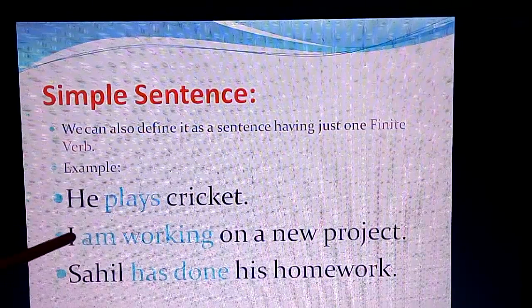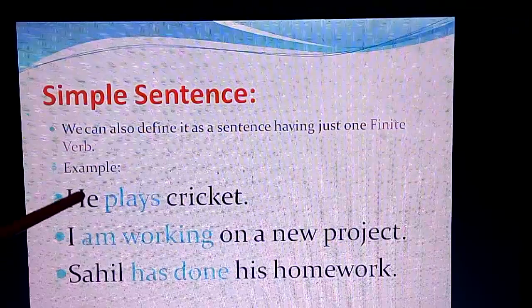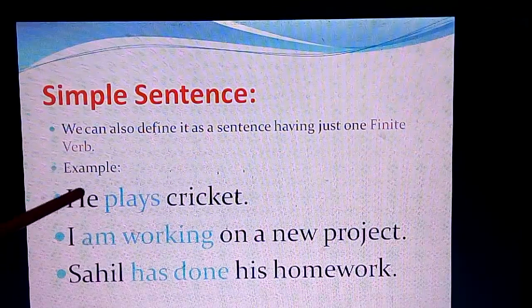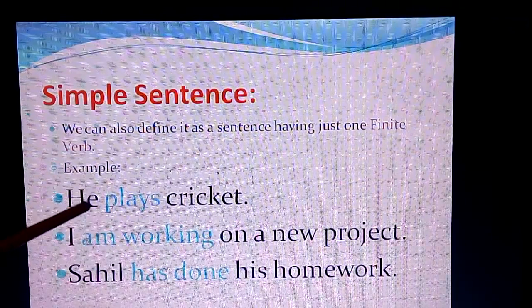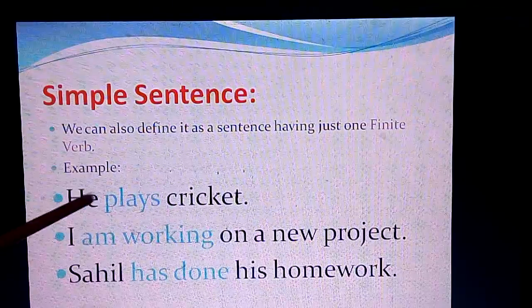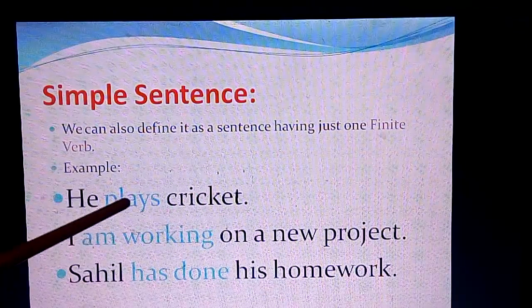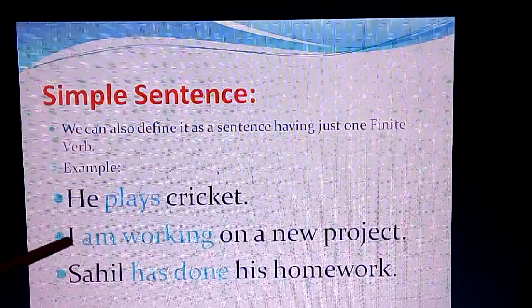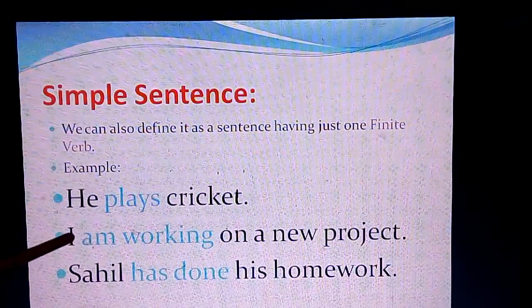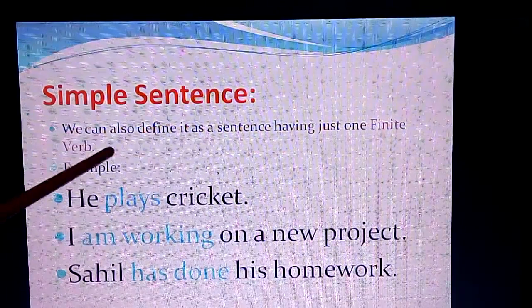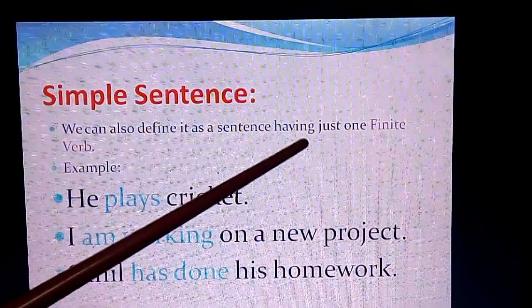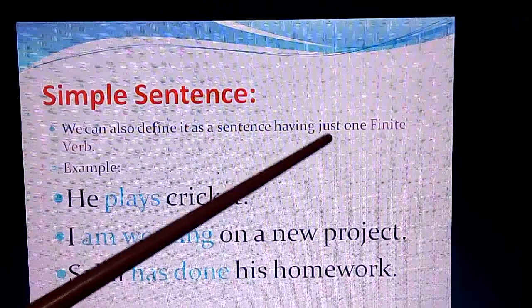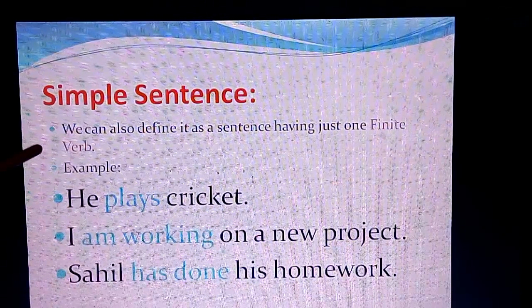But if it had been I instead of he, then we would have said I play cricket, not I plays cricket, right? So the verb that is taken in accordance to the subject is a finite verb. So we can also define a simple sentence as having one finite verb.